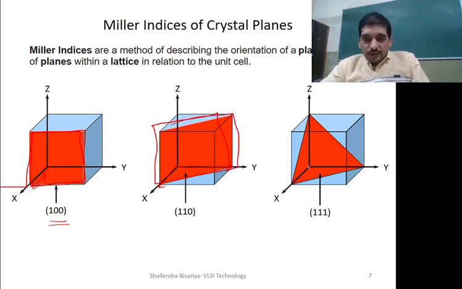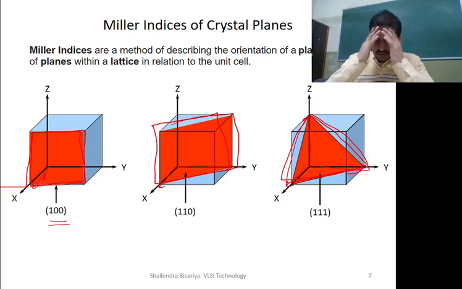And if in all directions x, y and z it is at a distance of 1, then it will become the 111 plane. So this needs to be clear in your mind: which types of planes there are and what the Miller indices are.